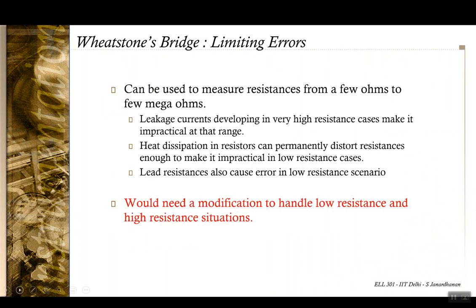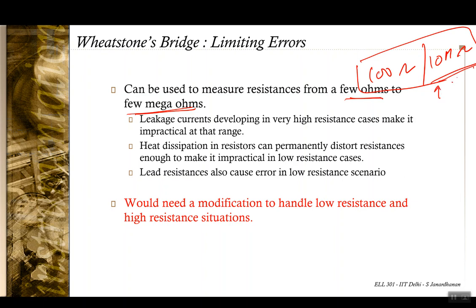That's why the Wheatstone's bridge can be used to measure resistance from a few ohms to a few mega ohms. If you have, say, a 100 ohm to 10 mega ohm range, in this range you can definitely use the Wheatstone's bridge. For higher ranges you need a different setup. For lower resistance you definitely need a different setup.